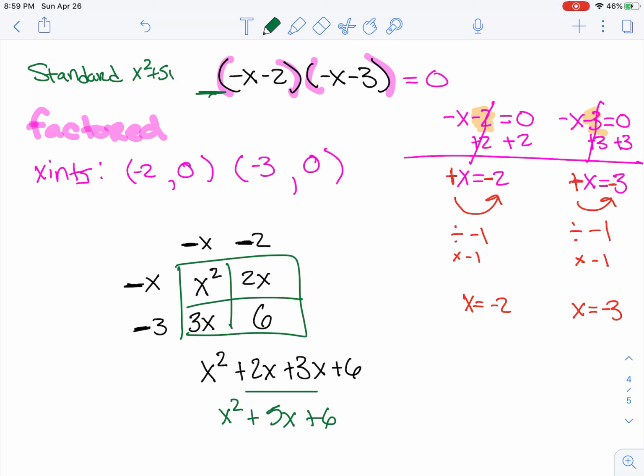We get x squared plus 5x plus 6 as our standard form. This is a happy graph because it is positive. There's no leading weirdness going on. It doesn't tell us that it's sad, so we assume it's happy. It has a y-intercept of 6. And those are all things we're practicing right now. We're trying to bring them all together.